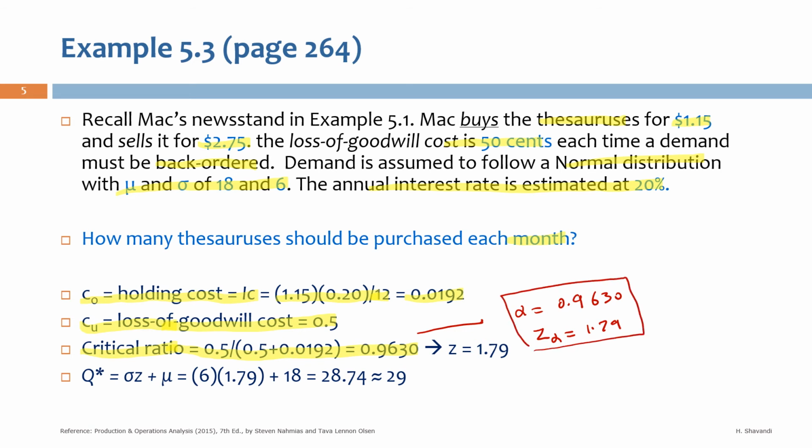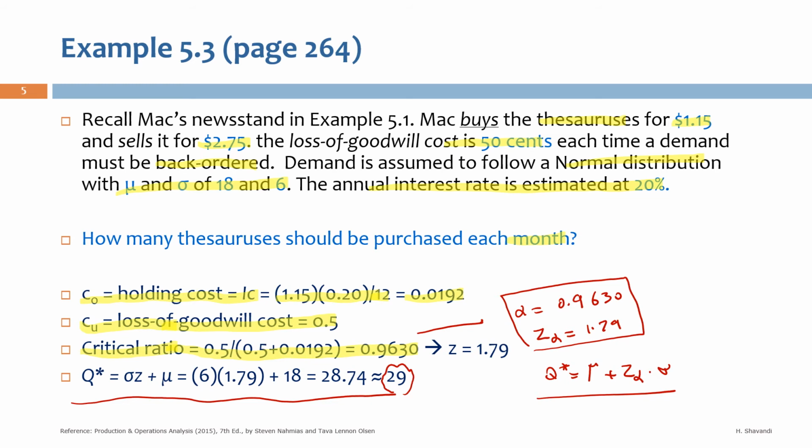Okay, now as you remember, the Q star here will be, since it's normal, mu plus Z alpha times sigma, right? So by having this formula here, we can obtain the Q here. Okay, so it's 28.74, so we round up to 29 items per month.